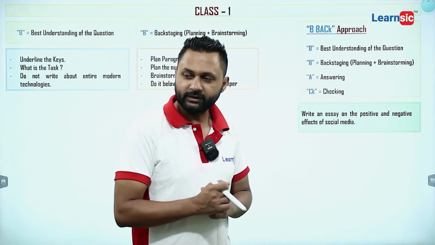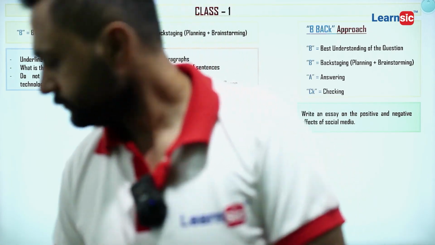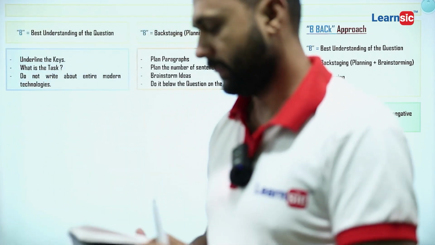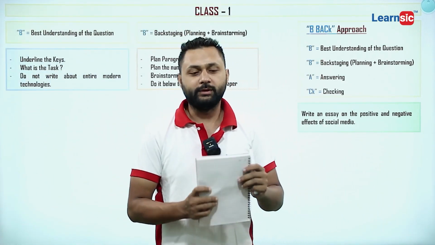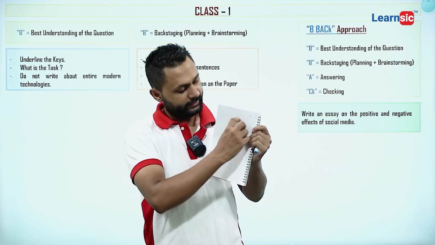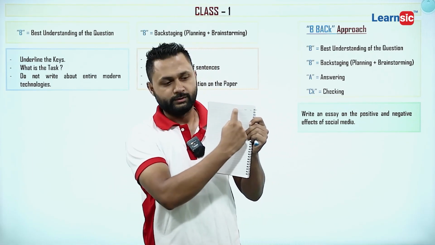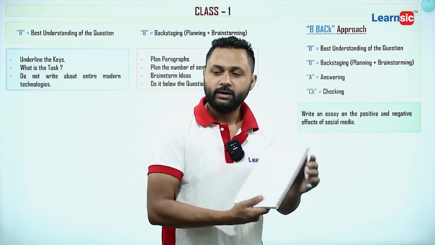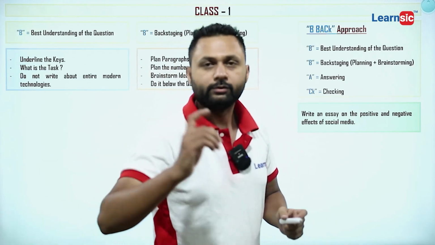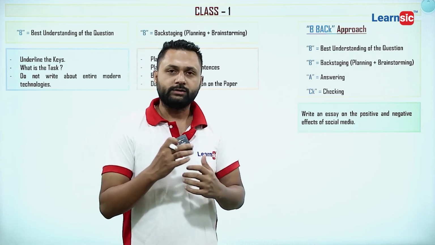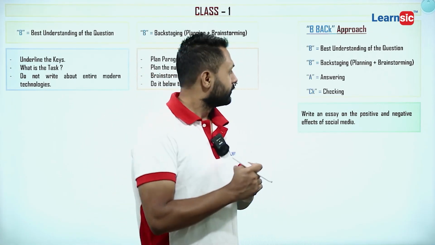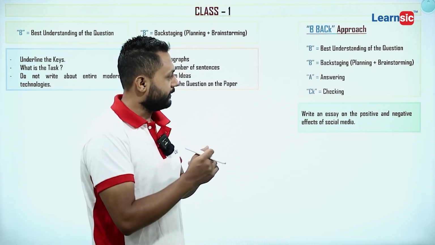Let's assume that this is your question paper, and here you have your question. You will make a plan of your answer below the question. So what sort of plan? We will talk about everything about planning in class 3 or 4, so you do not worry about that.